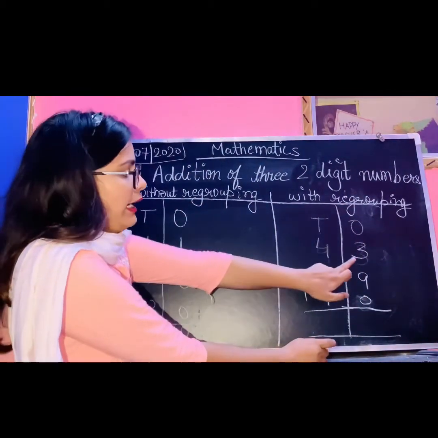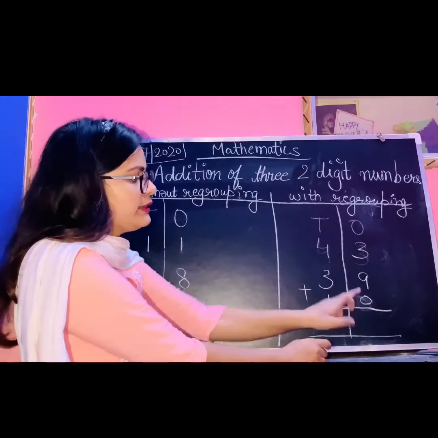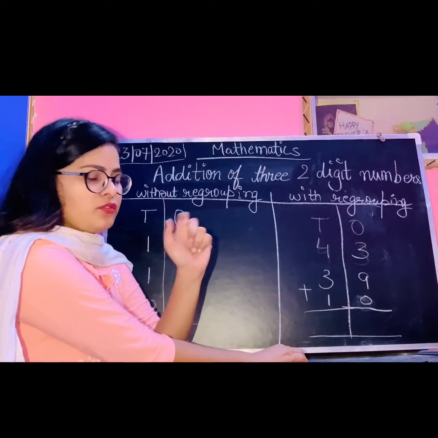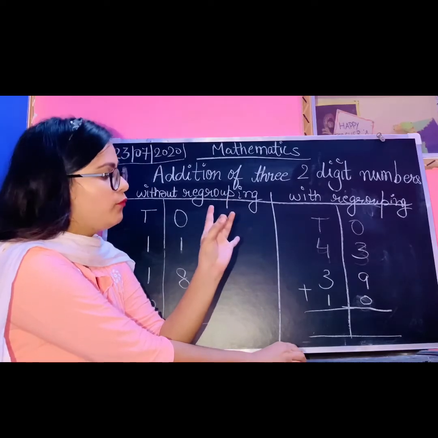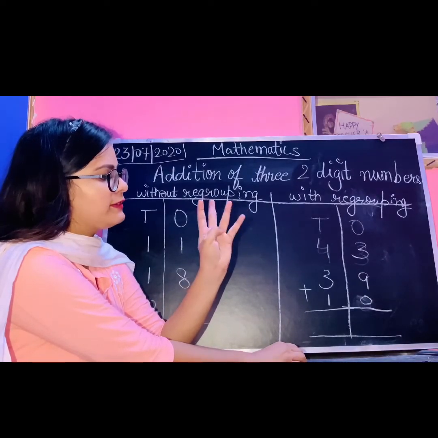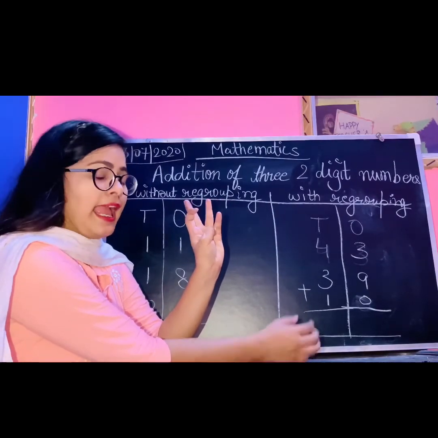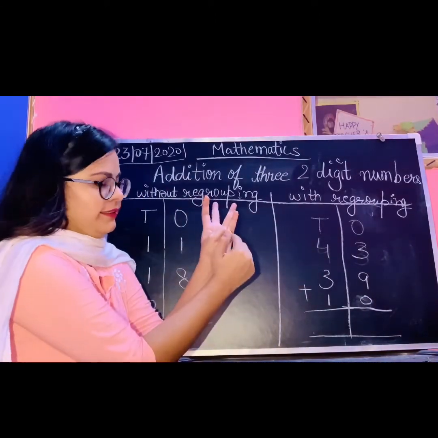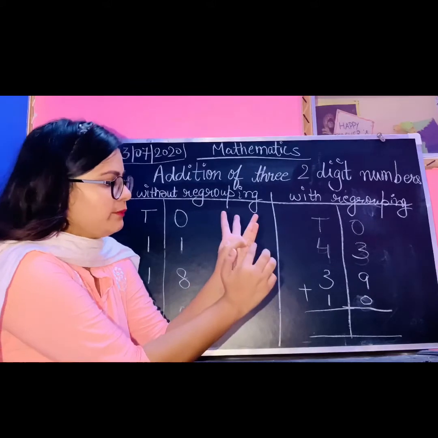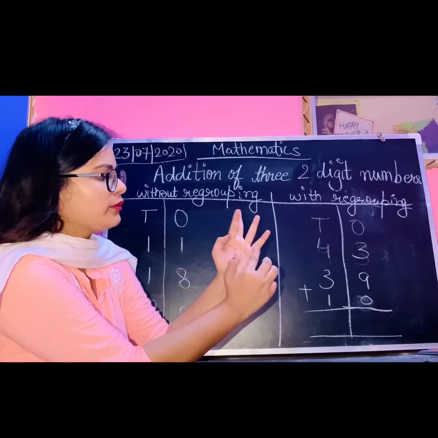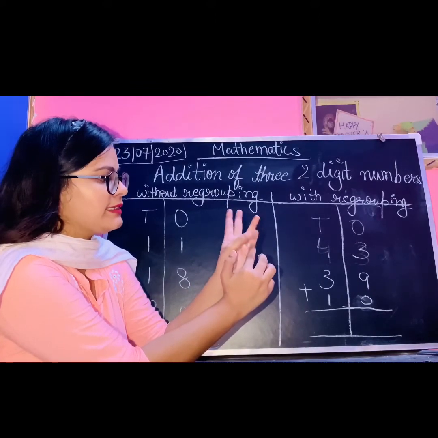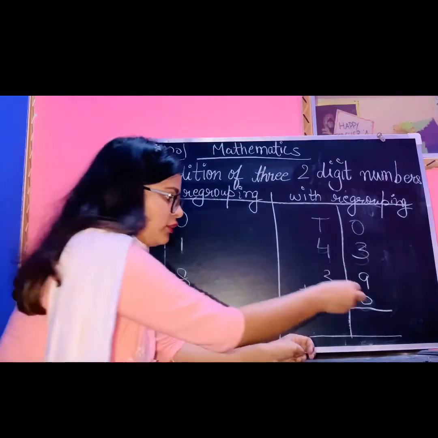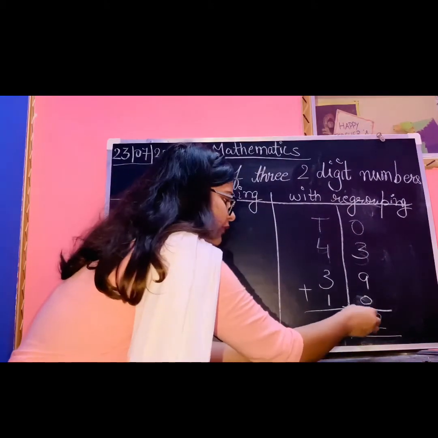Now add 3 plus 9 plus 0. 1, 2, 3, 1, 2, 3, 4, 5, 6, 7, 8, 9 and 0. 0 means nothing, so I don't have to add anything else. Till here will be 1, 2, 3, 4, 5, 6, 7, 8, 9, 10, 11, 12. Very good. So I will write 12 here.